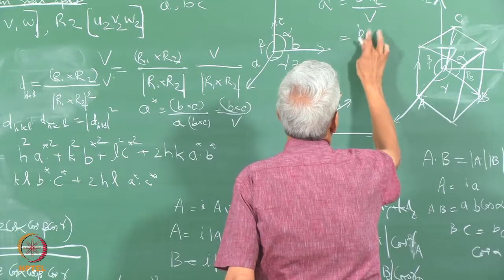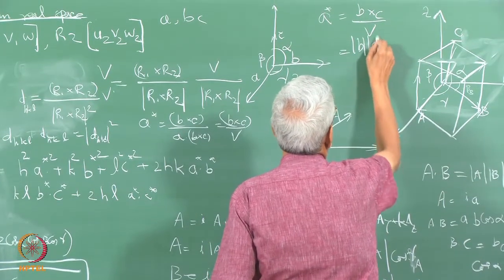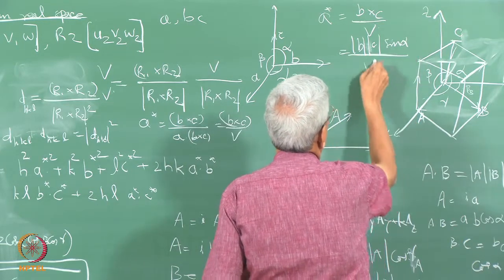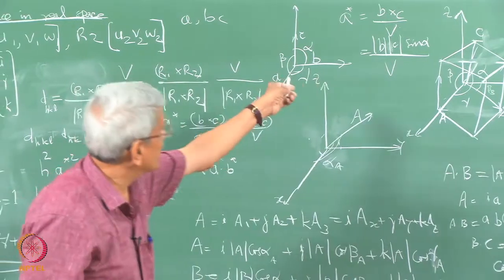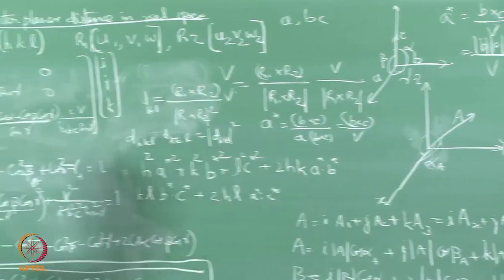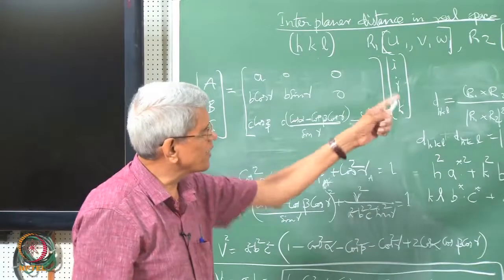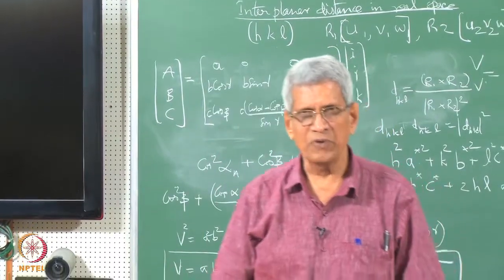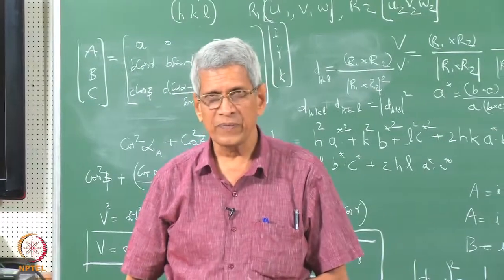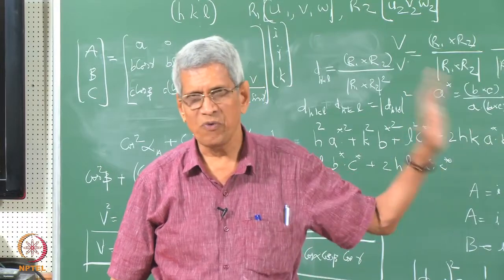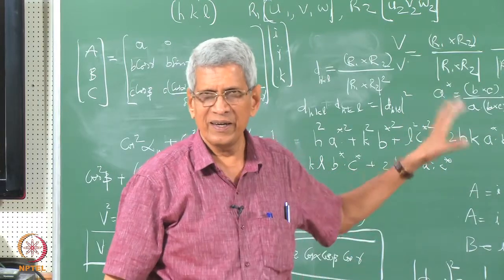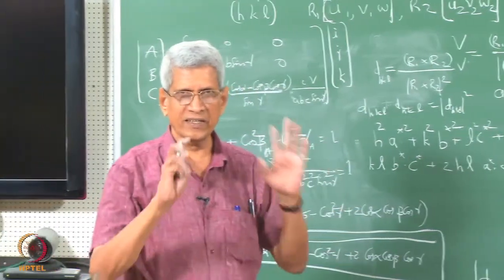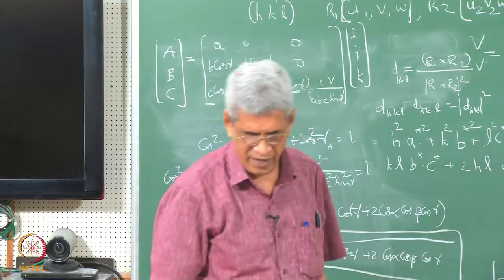It will be the modulus of b into the modulus of c into sin alpha, divided by V. So now this is bc sin alpha divided by the volume we know. So now we get all the information for a star, and with some algebra we can get a general expression for the interplanar spacing.